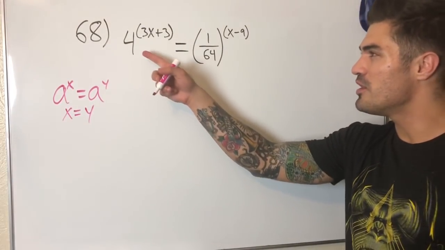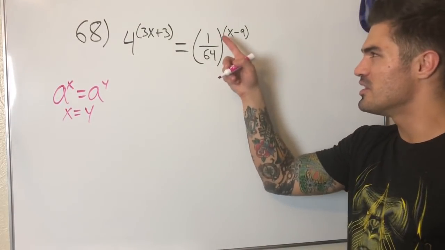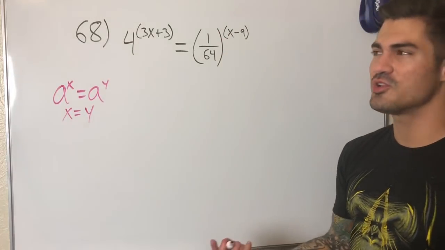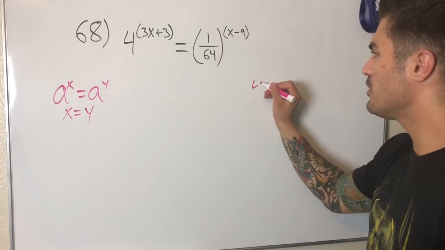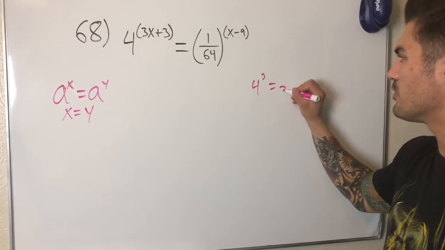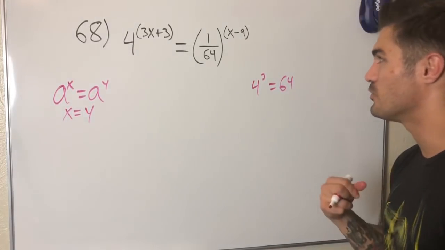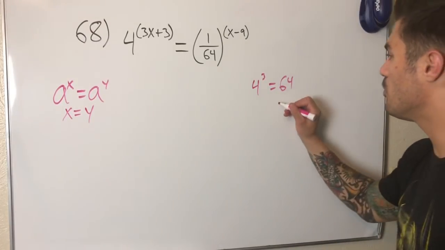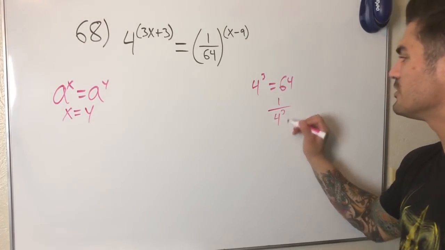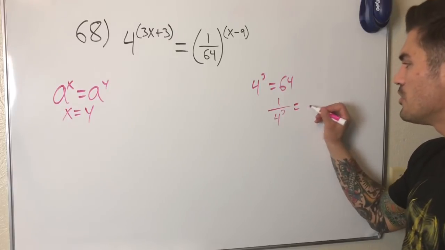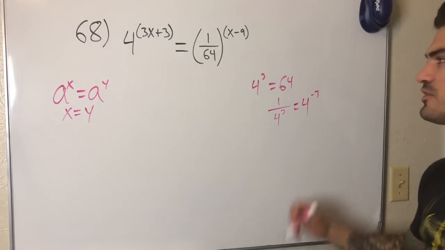So I have to think, what 4 to what power is 1 over 64? That may be tricky to think about, but I think 4 to the 3rd power is 64. All right? 4 times 4, 16 times 4, yeah, that's 64. So what if I wrote 1 over 4 to the 3rd? Or another way to think of that is 4 to the negative 3rd, right?